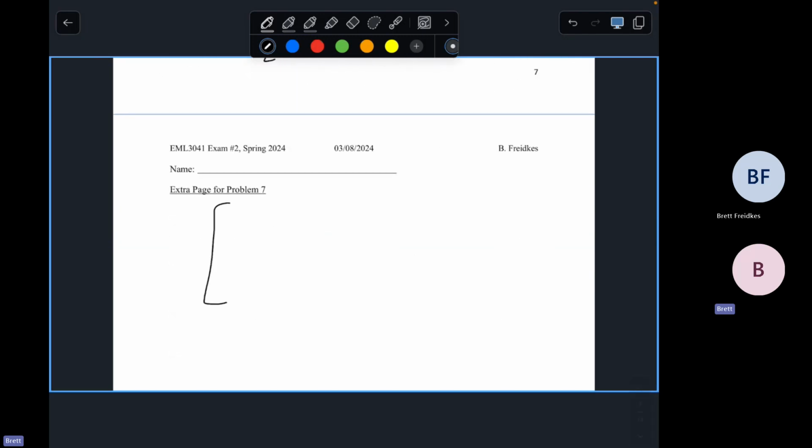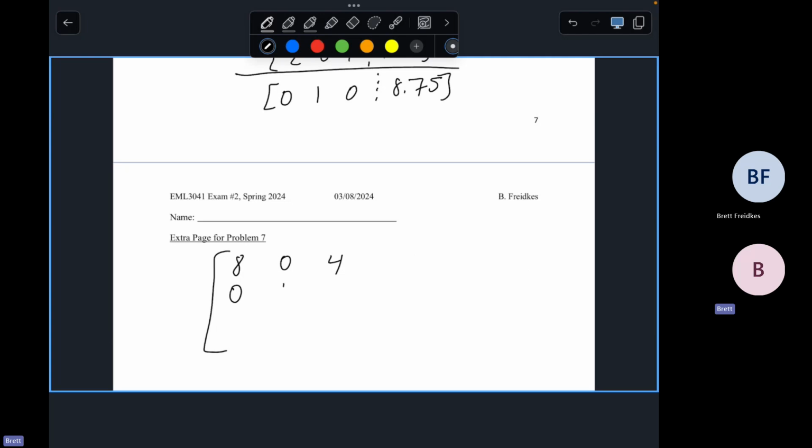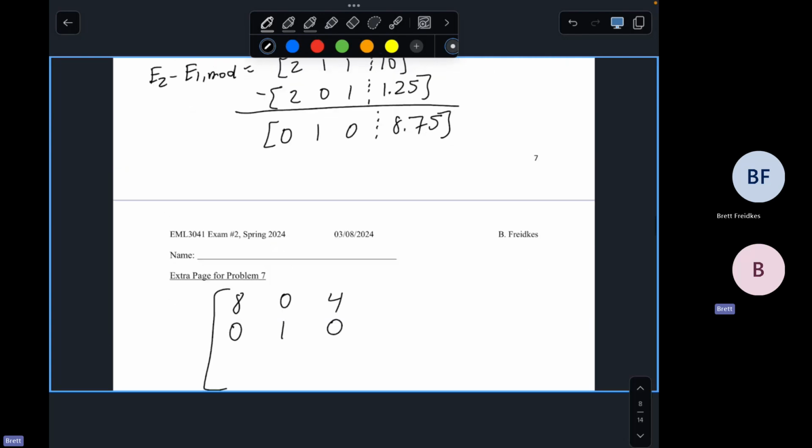So our top row will look the same, 8, 0, 4. Our middle row now is 0, 1, 0. And our bottom row is 0, 3, 1.